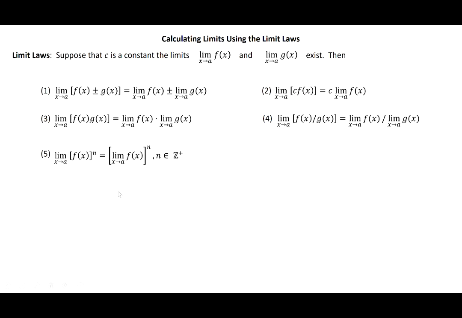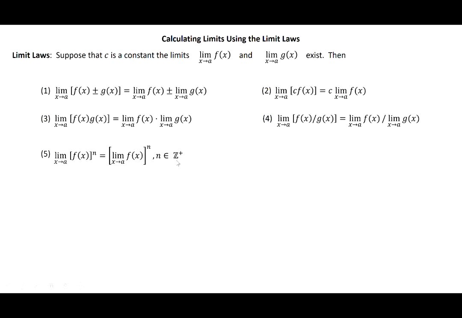Limit of the quantity f of x raised to n as x approaches a. Here, you can take just the limit of f of x, and whatever result you get, you can raise that to a power of n. And n is an element of, what's this funny looking thing? That is just an element of, where n is an element of Z. What's with this funny Z?